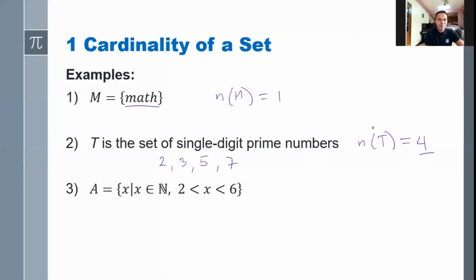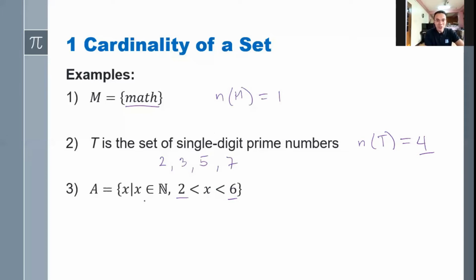Number 3, A is equal to the set of all x such that x is an element of the set of natural numbers where x is greater than 2 but less than 6. In this example, we have to identify first the natural numbers between 2 and 6.